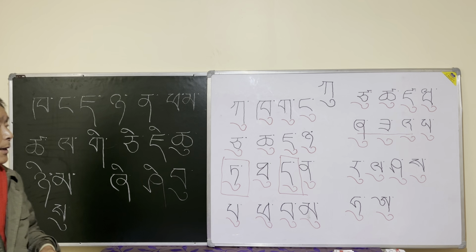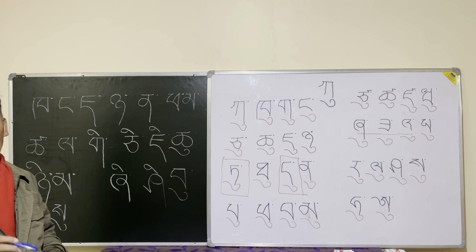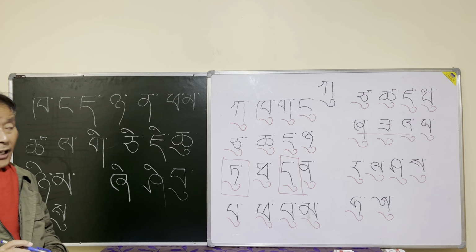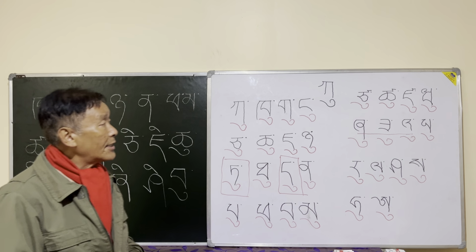So we have also learned 17 words. We are done with the vowel shebju.